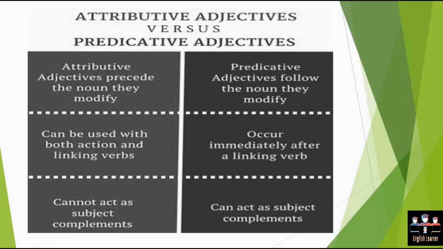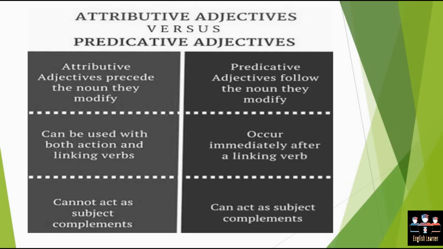Number 1 point is attributive adjectives precede the noun they modify. First point in predicative adjective is they follow the noun they modify. They are going to follow the noun but in some other case.